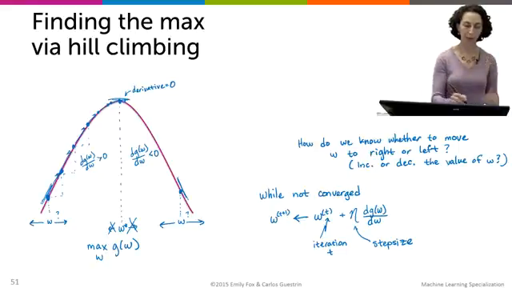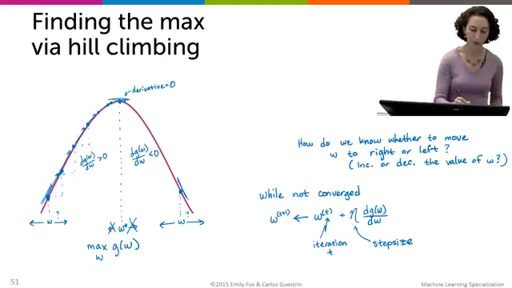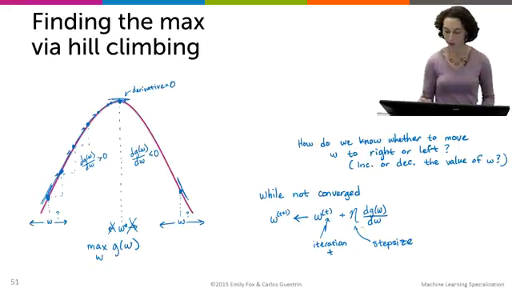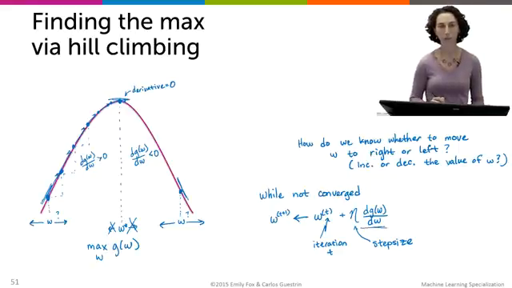It's going to push me back towards the optimum. So eventually I'm going to converge to the optimum itself. Note that if I'm close to the optimum, I'm not going to jump very far, because when you're close to the optimum, that derivative is really, really small. So this term here is going to be really small, and I'm not going to be changing w very much.